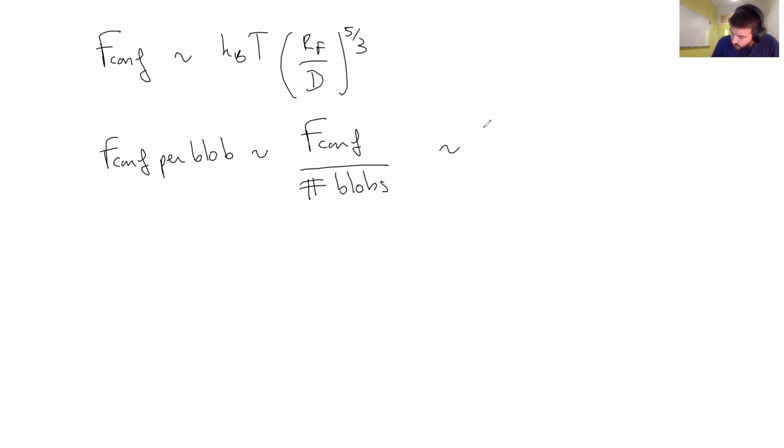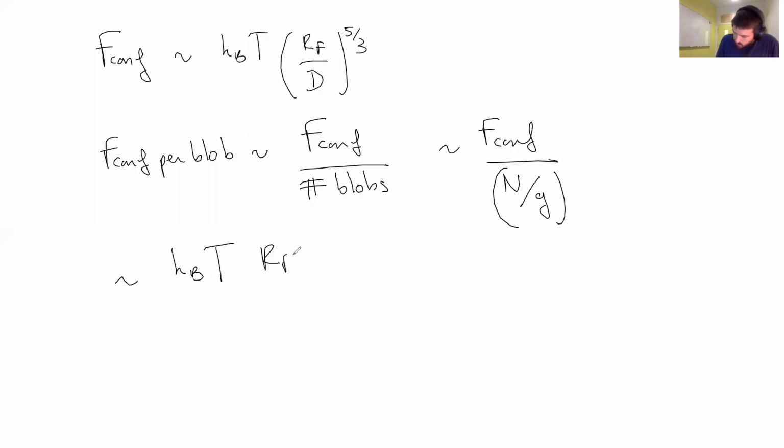And as you told me previously, this is divided by n over g. So this should be equal to kbt RF over d to the power 5/3 divided by n and multiplied by g. And g is what?